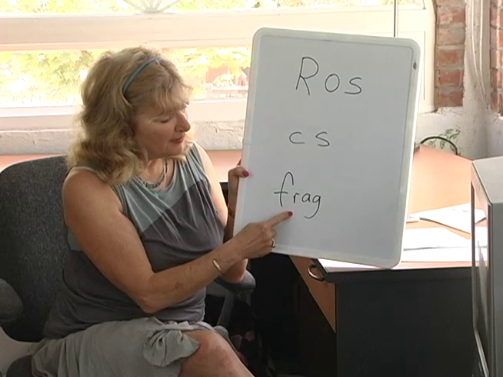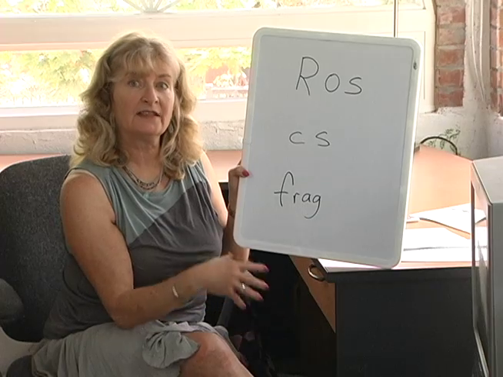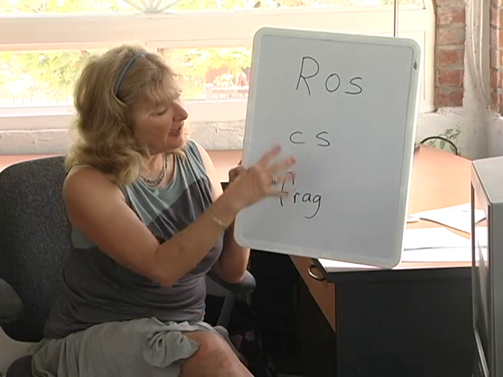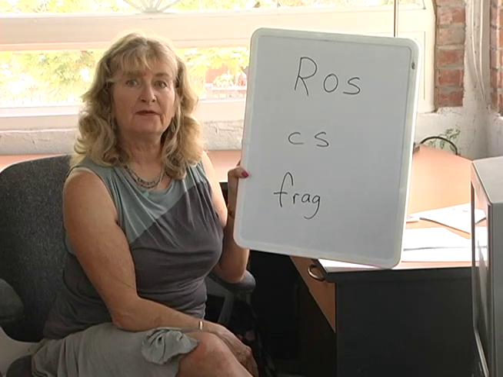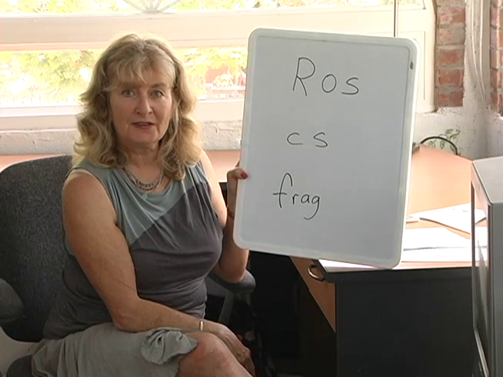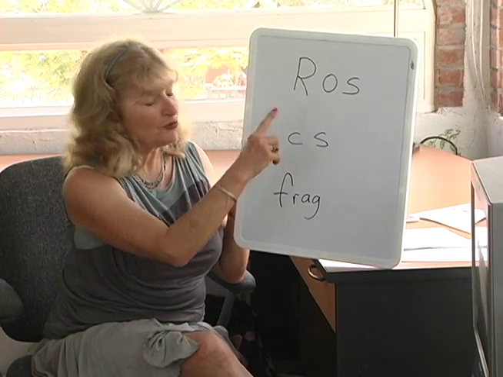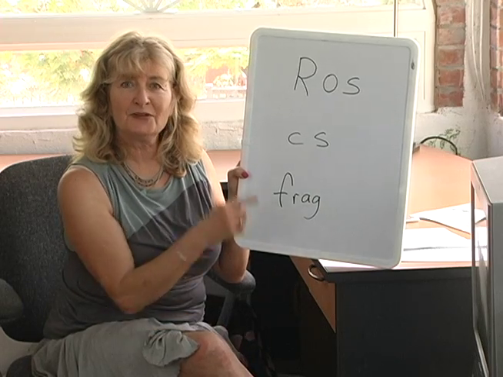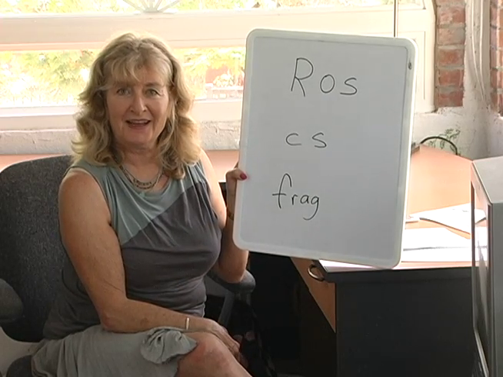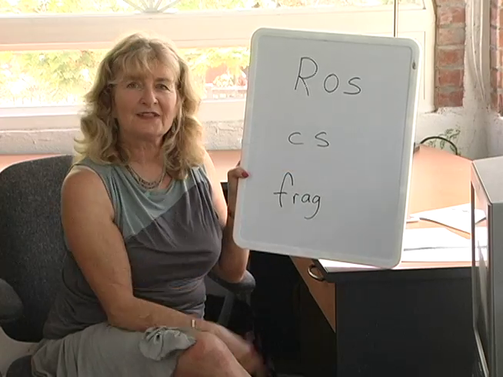A fragment is when you have a group of words that's posing as a sentence and it isn't a full sentence. Now these 3 really need a fuller lesson than we can give in 2 minutes here, but suffice it to say that you shouldn't be seeing these in your essays, and if I see too many, I will have to give you a lesson on how to write complete sentences and not fragments, and how to use commas correctly.